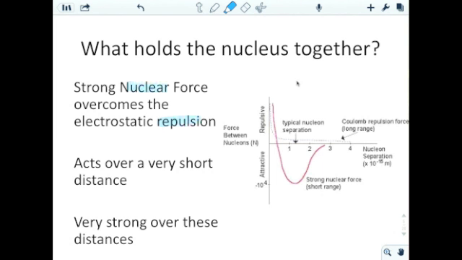We call this nuclear binding energy, and it overcomes that positive repulsion. It acts over very short distances, so in the nucleus everything is really combined together, and it is very, very, very strong.